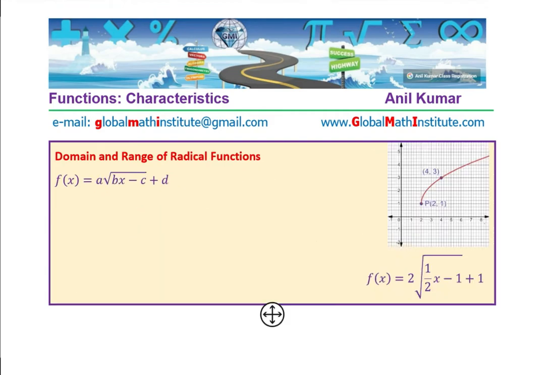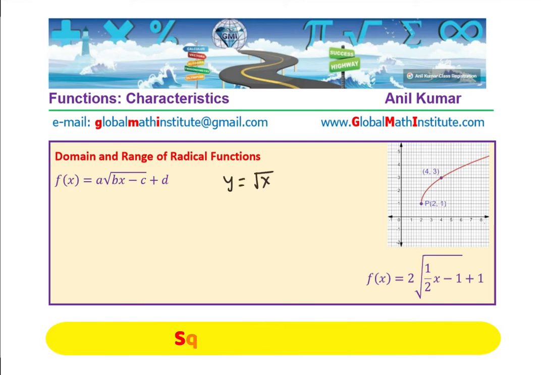Perfect. Now here is the second function, which is a radical function. When I say a radical function, it means y equals square root of x, and in general, you can sketch this function like from here, right? So kind of like this. That will be the square root x function.